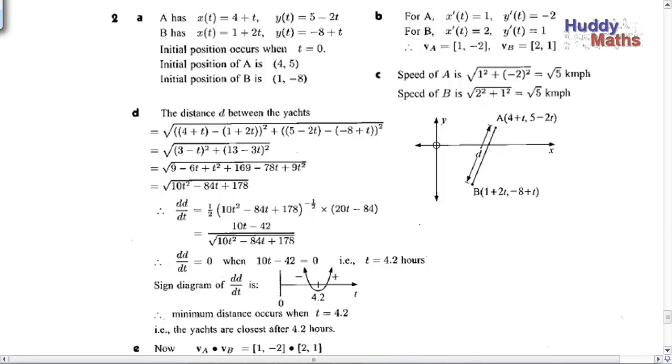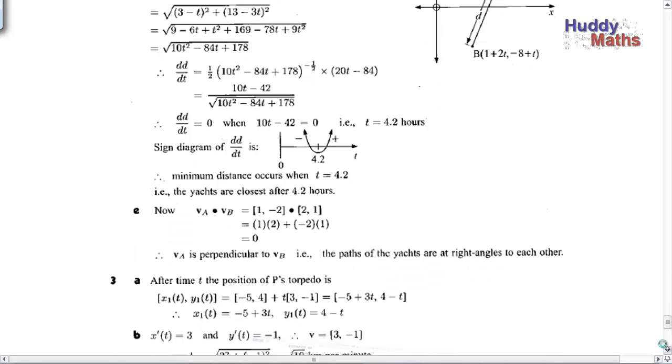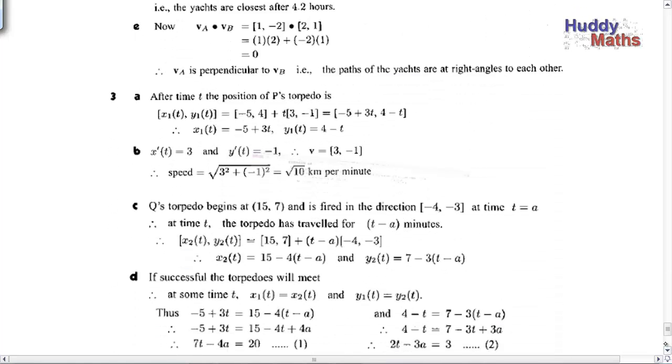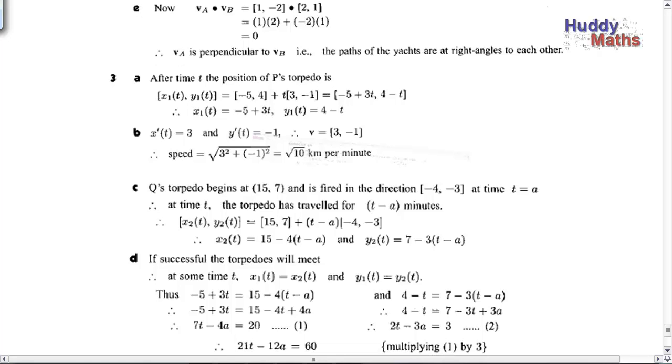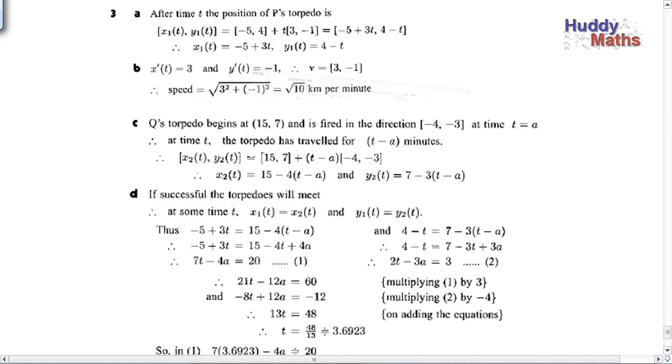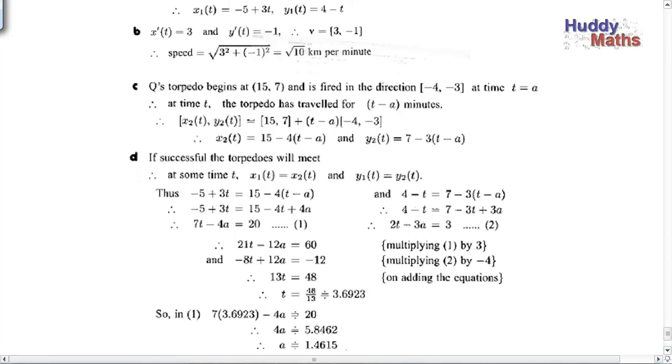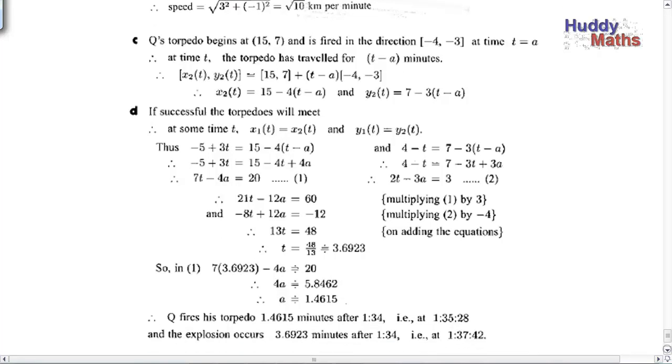All right, come down to question 2, and I'll bring up part E in a minute. Let's see if we can get it all on there. I can't. There's E, the last bit of E for 2, and question 3. Just come down a little bit. Let's see if we can finish this off. Okay. I think the torpedo problem here is interesting.